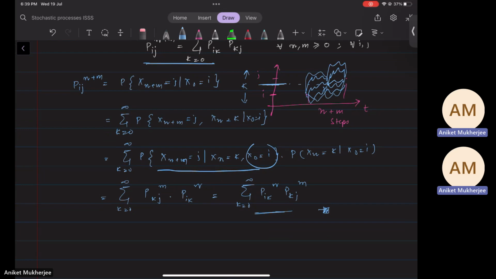Which boils down to matrix multiplication. So in the last class we saw that if you want n step transition probabilities, you can just consider it as a matrix. You don't need to find each and everything.